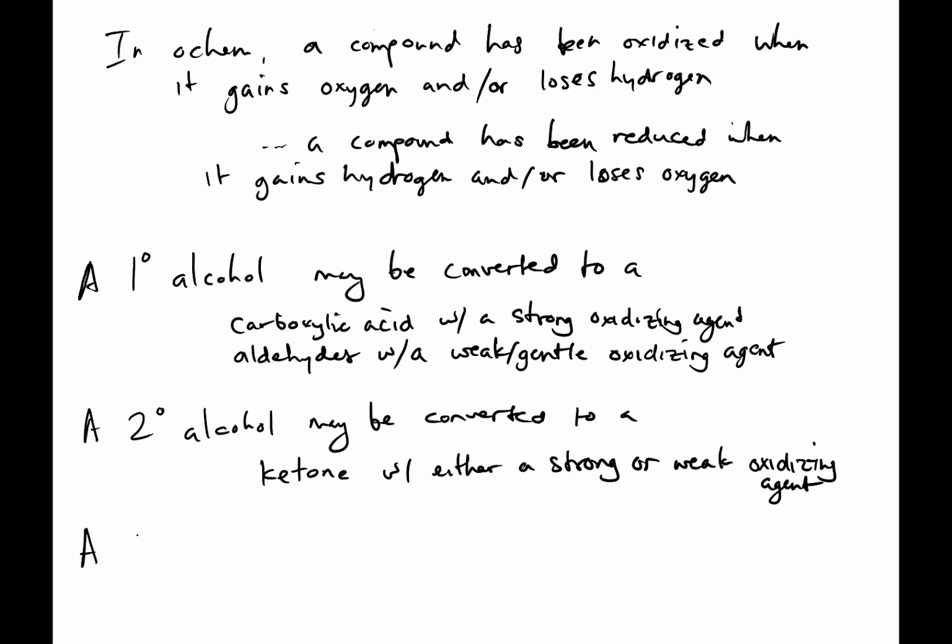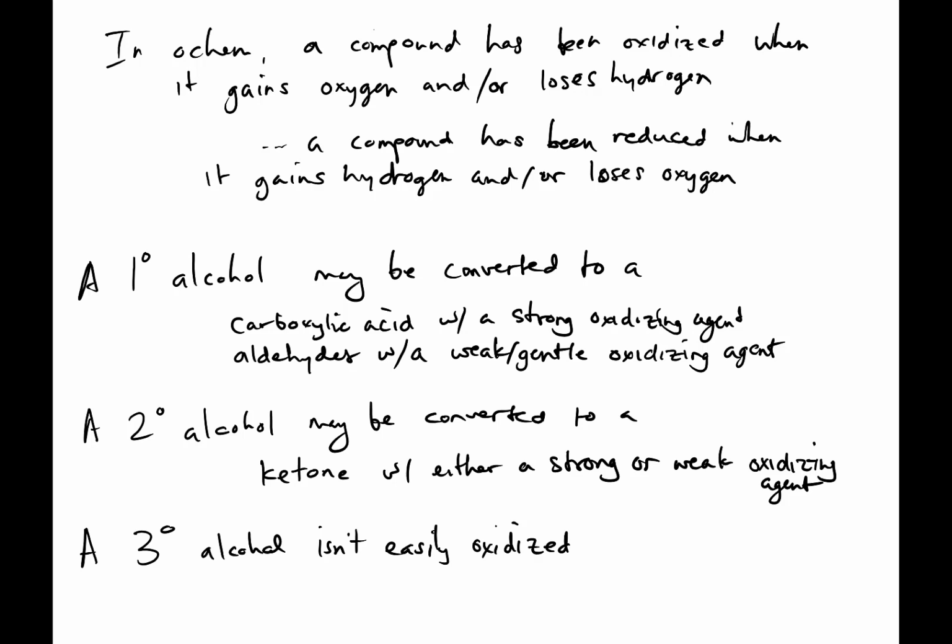So this is nice. A tertiary alcohol isn't easily oxidized. Okay, so we don't even worry about tertiary. Now, it is possible to oxidize them, but generally they decompose in the process, and it's kind of an ugly mess.